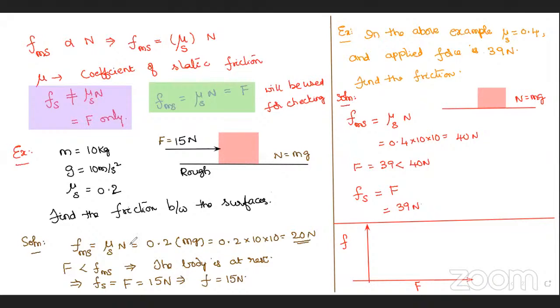Until now you know the concept that when the body is at rest, static friction Fs is equal to the applied force. It appears like y is equal to x in mathematics, with friction on the y-axis and applied force on the x-axis.